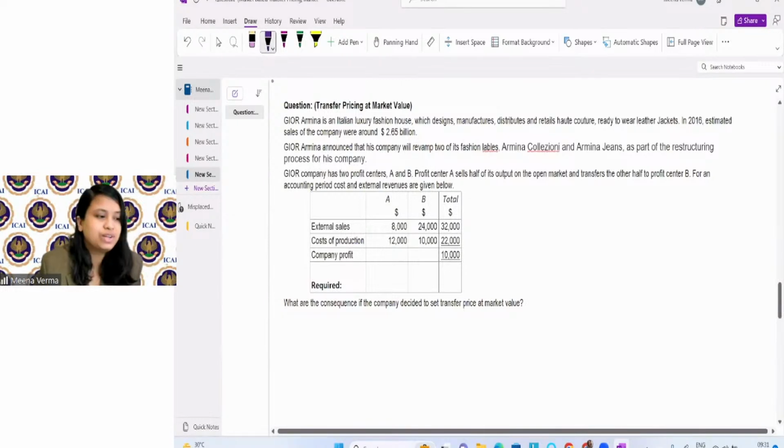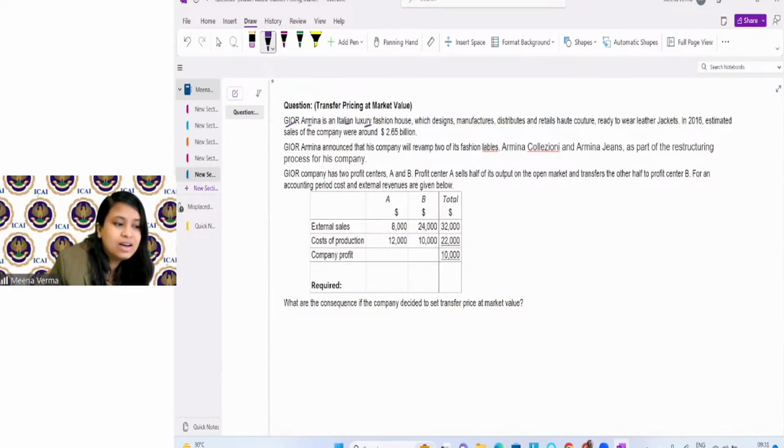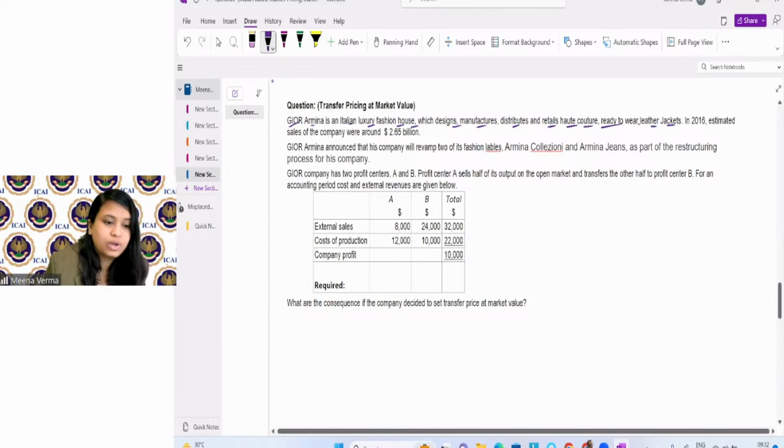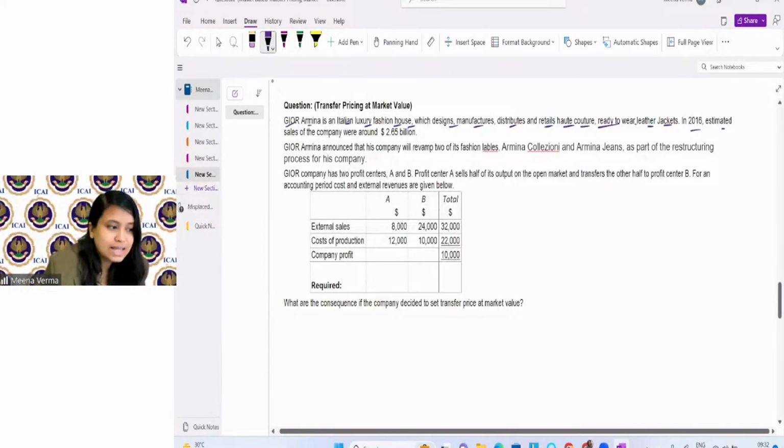Okay, let's read the question now. Giorgio Armani is an Italian luxury fashion house, which designs, manufactures, distributes, and retails youth culture ready-to-wear leather jackets. In 2016, estimated sales of the company were around 2.65 billion.